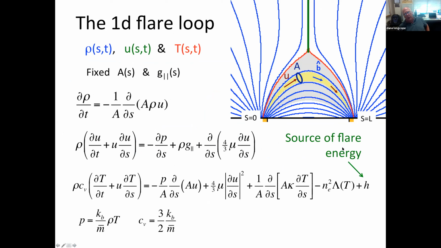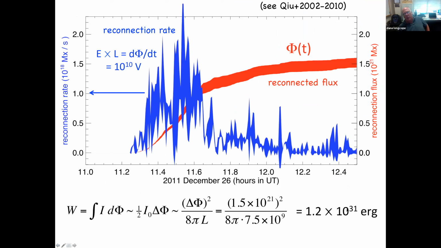All the parts that have to do with magnetic reconnection and conversion of energy end up getting sucked into something that says, I'm going to add 10 to the 31 ergs of energy to these flare loops over, let's see, I can see this goes from about 11:15 up to noon, maybe 11:45.